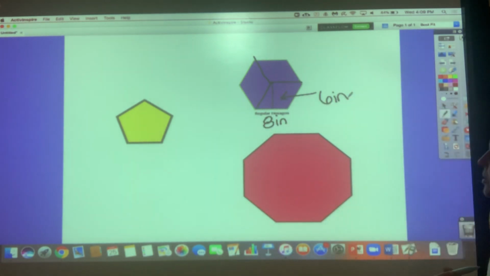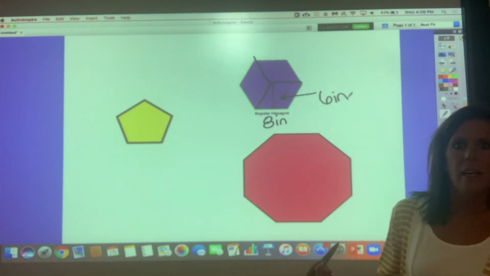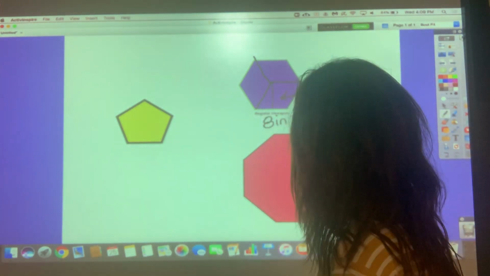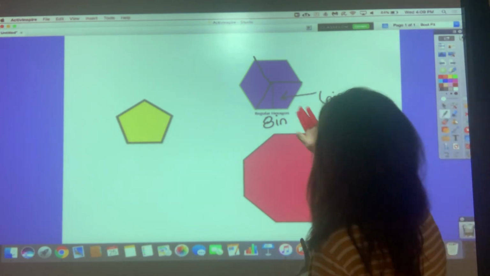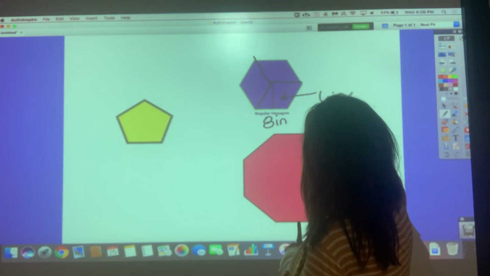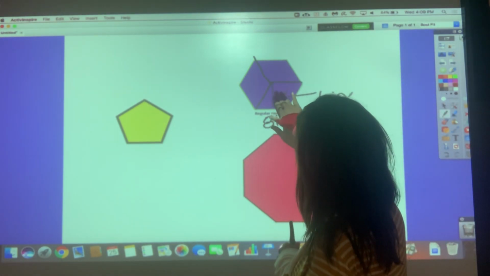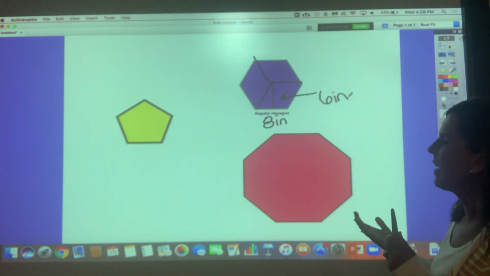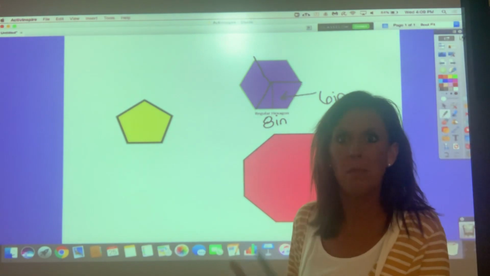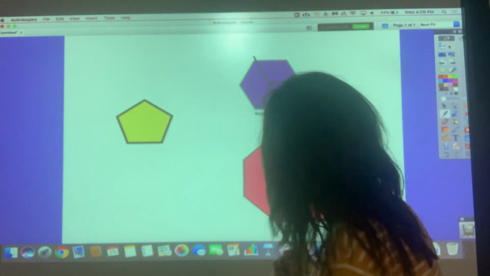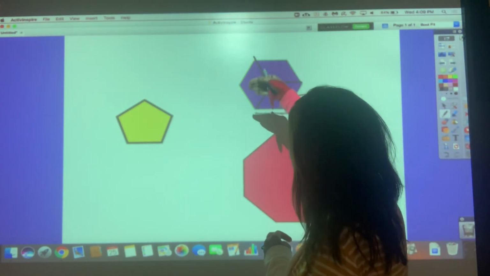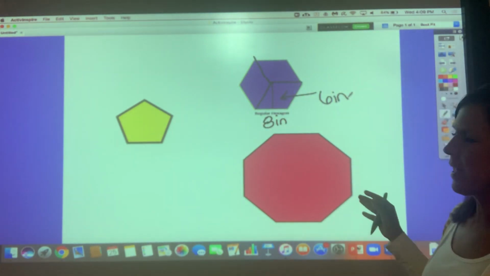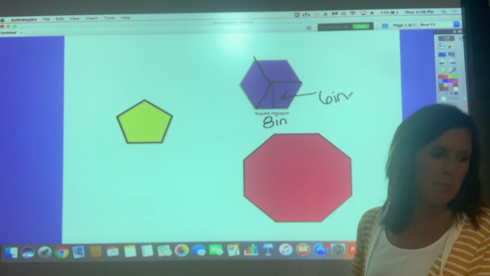The area formula for a parallelogram is area equals base times height. So we're going to have 8 times 6, and that's the area of one little rhombus: 48 inches squared. And we have 3 of the same thing, so we take 48 and multiply that by 3.